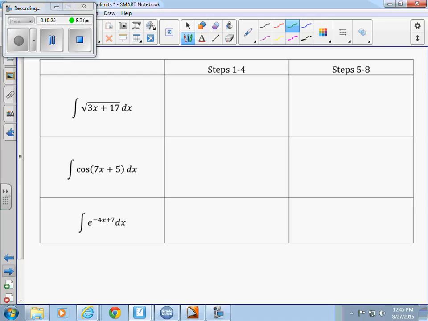So, this takes the thinking out of it. What's the part that's inside or complicated? 3x plus 17, everyone agree? So I'm going to let u equal 3x plus 17. Now on your homework tonight, I think it's structured this way. I do not care where it is as long as it's in the right box.